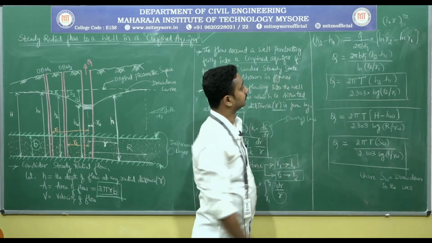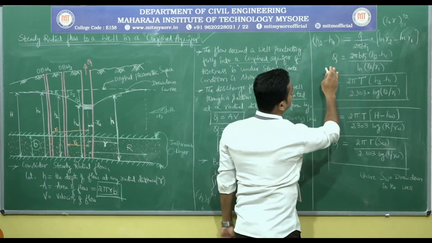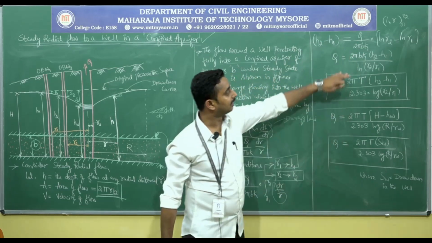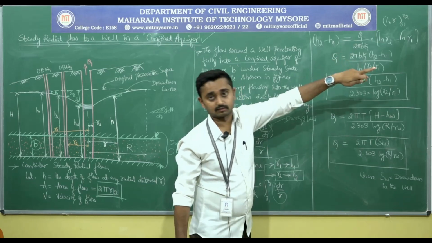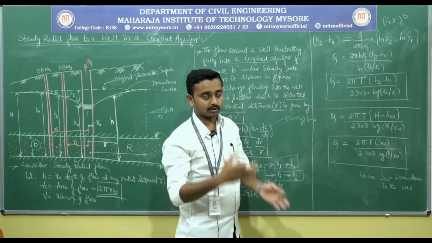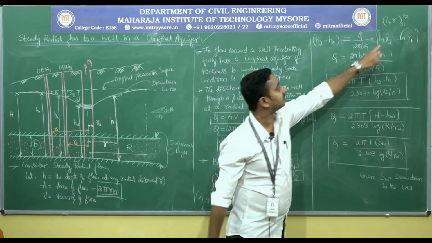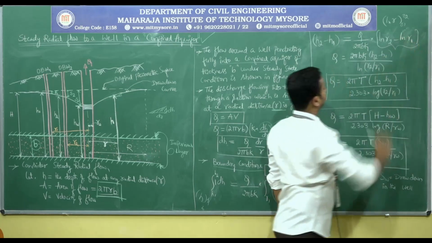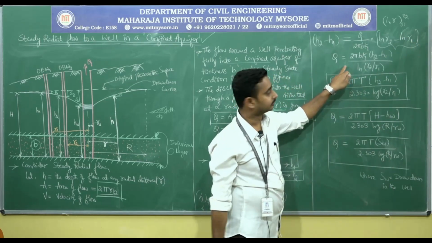Now rearrange the terms. Q equals 2 pi bk into h2 minus h1 divided by ln r2 minus ln r1. Log a minus log b is nothing but log a by b, so in that form, simplify this term: ln r2 by r1.